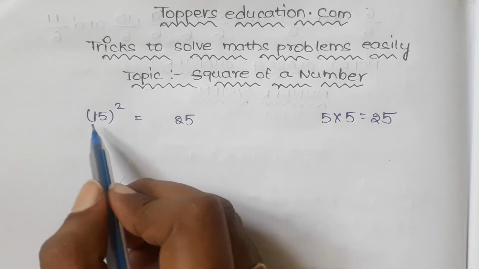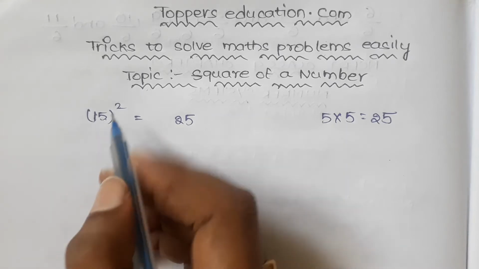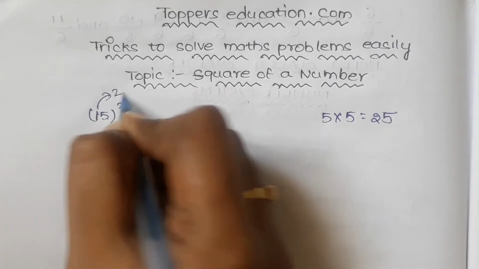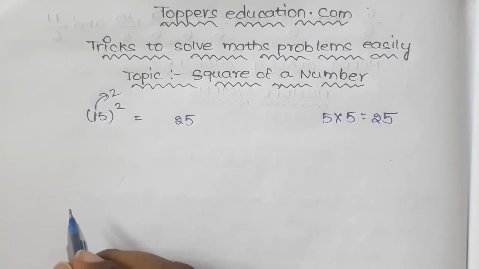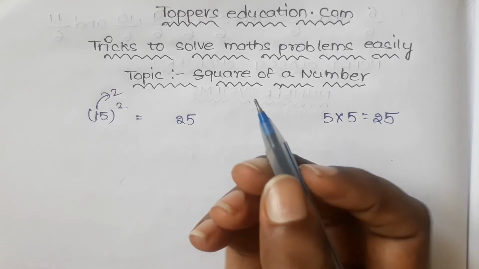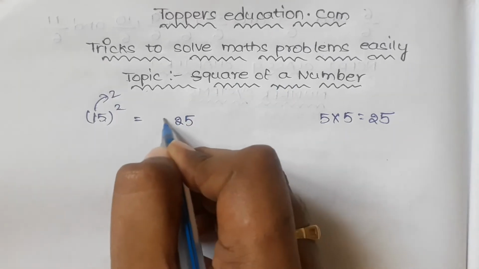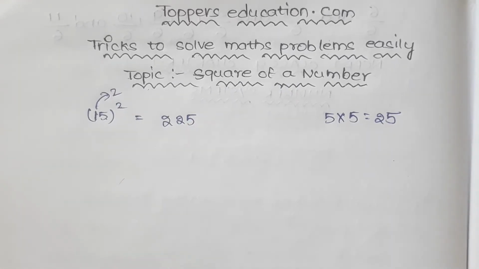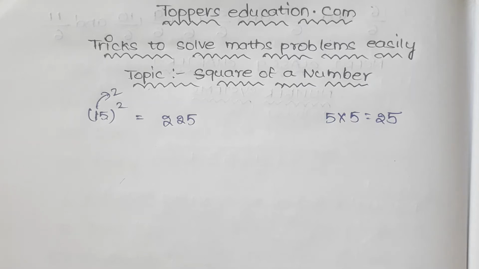And now the 1 and its next number is 2, and these are multiplied, that is 1 into 2, 2. So 15 square is 225.